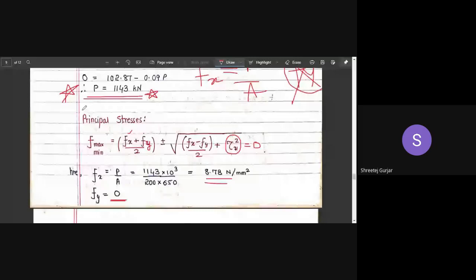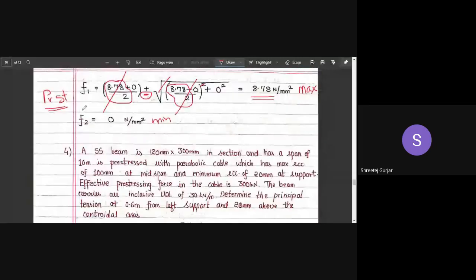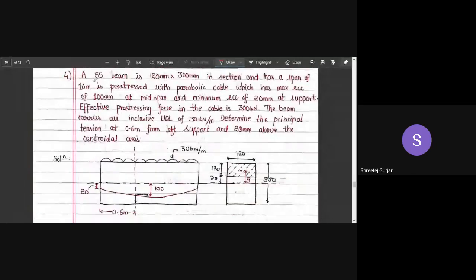Okay. So you can see the fourth numerical, we have a simply supported beam. The cross section is given as 120 by 300 and has a span of 10 meters.